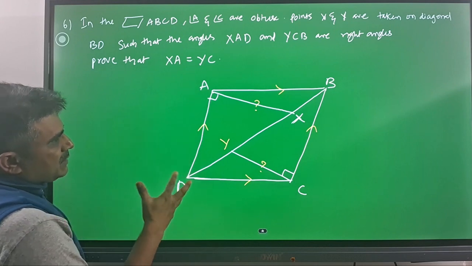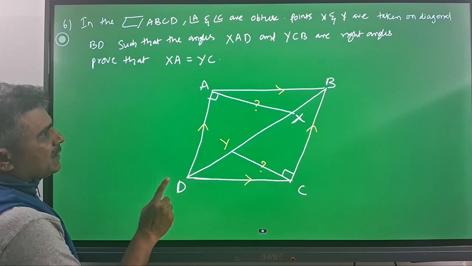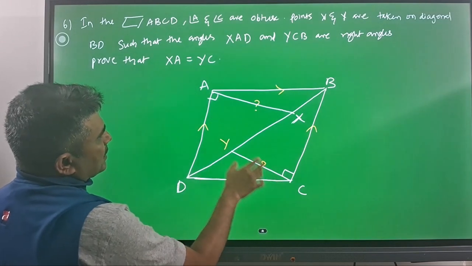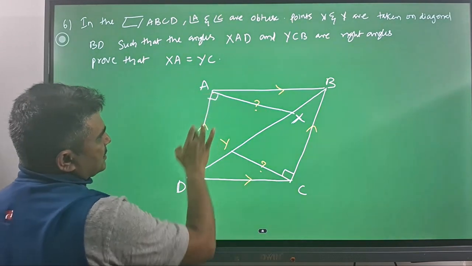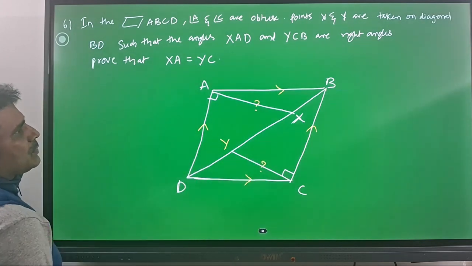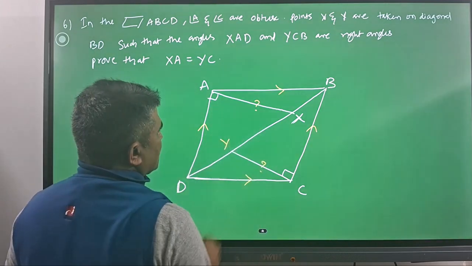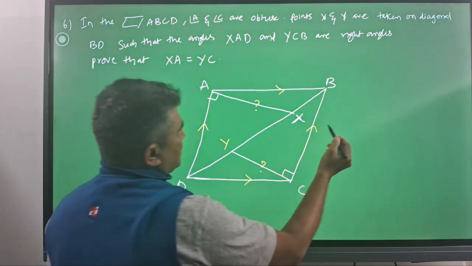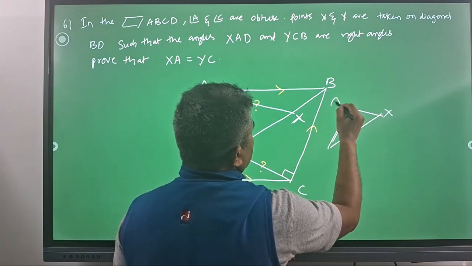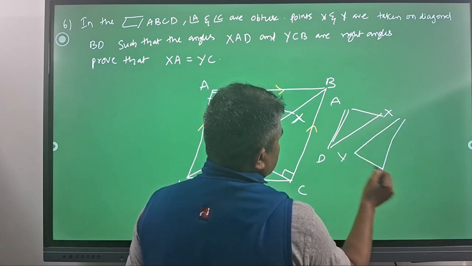Here I can see many triangles, but the ones near to the conclusion, XA and YC, are triangles XAD and YCB. Even the angle is specified in such a way. I will draw those two triangles separately so that you will come to know very easily without confusion. So this is XAD and this one is YCB.